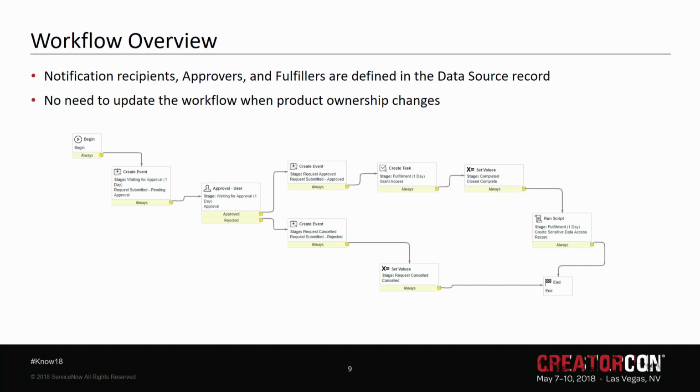We're not seeing a switch statement based on if the data source is payroll system, branch off over here, we need to go to this approver, we need to go to this fulfiller. If we did that, we would have a switch statement of potentially 30 data sources. I would be in here every day of my life. And additionally, that would create a concern of workflow versioning as well.